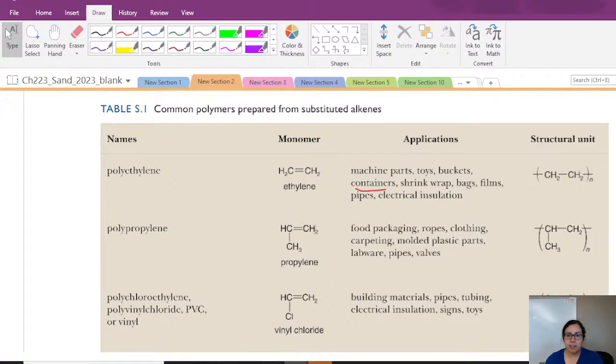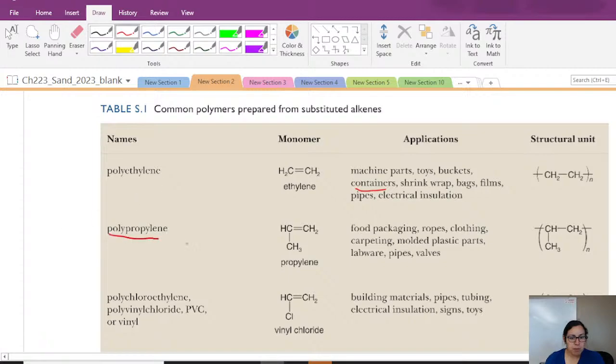Polyethylene is also the easiest to recycle, so it's the most versatile. And that's how it goes with the numbers too. As you go down the numbers, they get increasingly more difficult to recycle, or maybe not even at all.